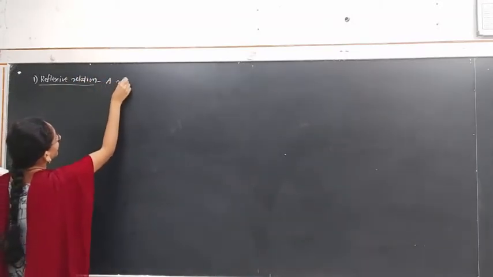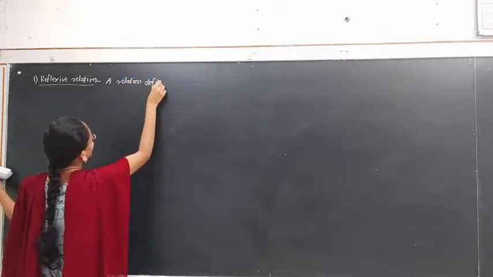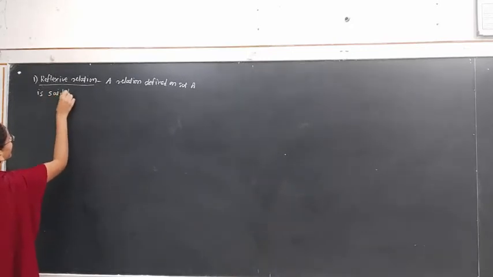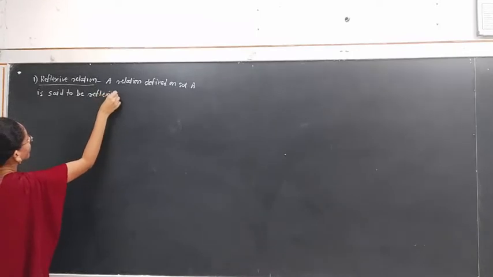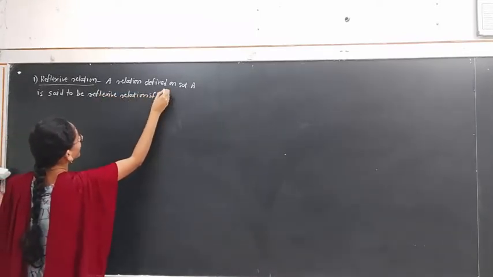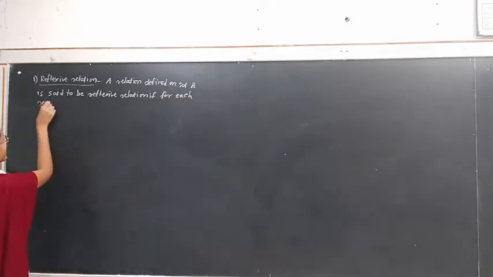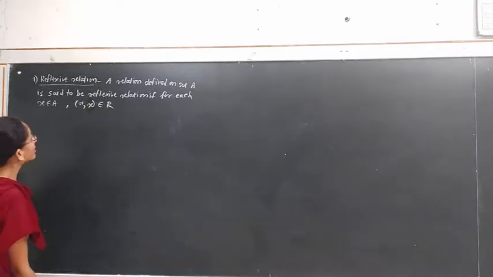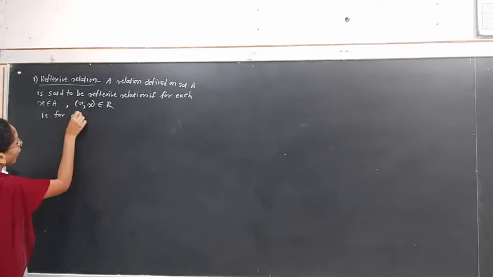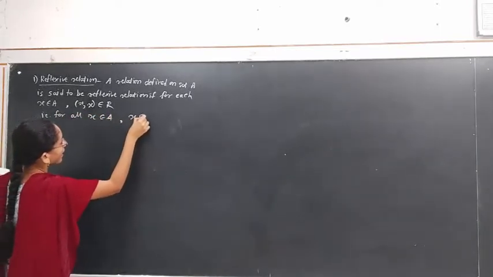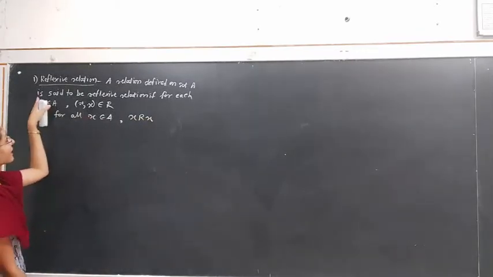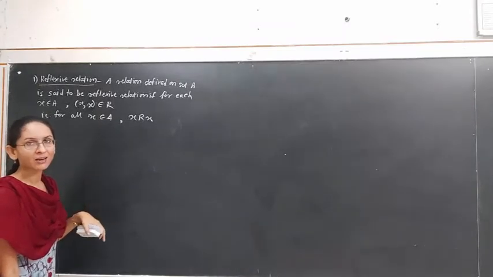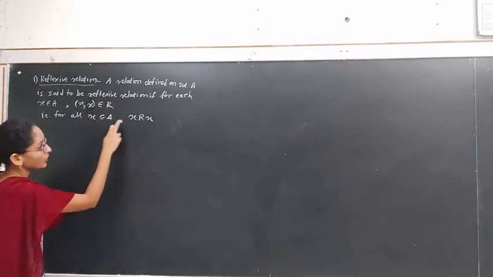A relation defined on set A is said to be reflexive if for each element x belongs to A, the ordered pair (x, x) belongs to set R. That is, for all x belongs to set A, x R x.